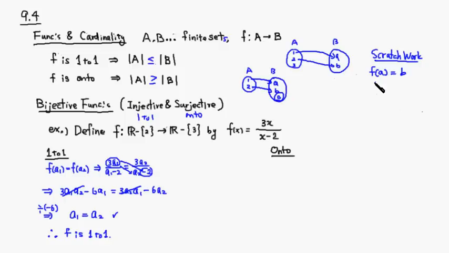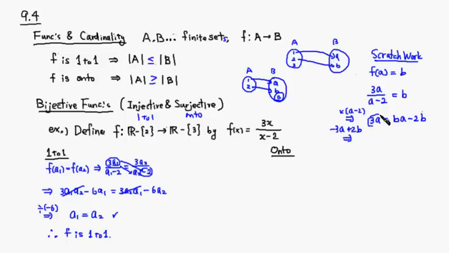We know that f of a is 3a over a minus 2, which is equal to b. Let's try to solve for a. Multiply both sides by a minus 2 to get 3a equal to ba minus 2b. Then I'm going to subtract the 3a and also add 2b.